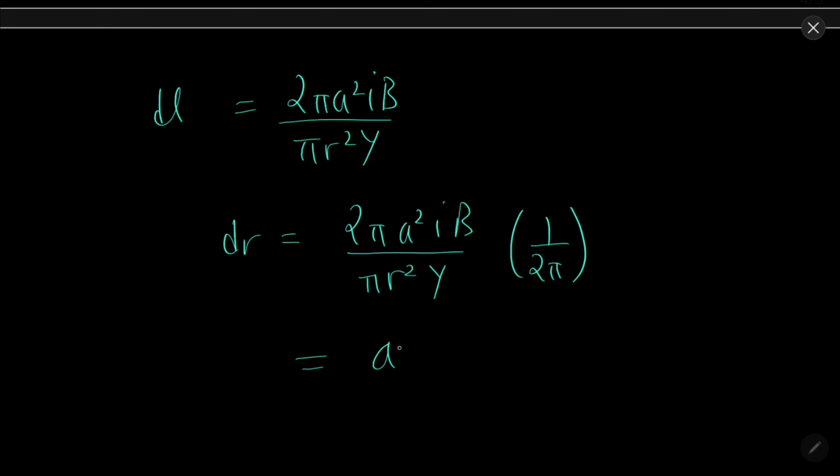So it will be a square I B over pi r square Y.